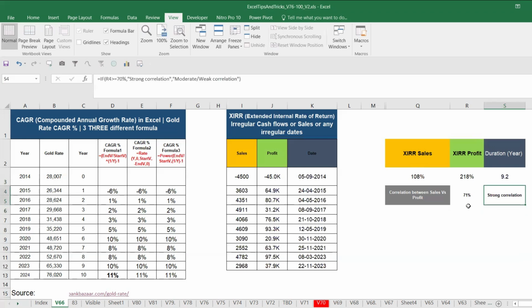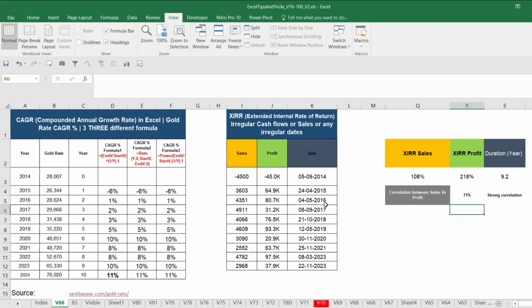Okay, so if you freeze this value, 71% is strong correlation. That means profit and sales are strongly correlated. That also we have to check. Why do we have to check? Because if these two variables are not dependent, the sales could be high but the profit could be low, or the profit could be high and sales could also be high, right? If these two are not correlated, then we have to see that.